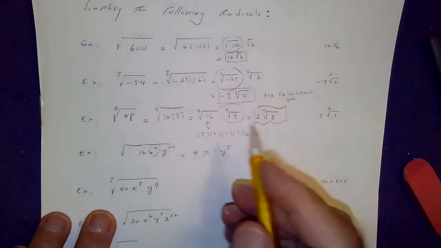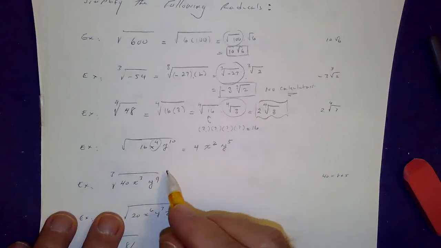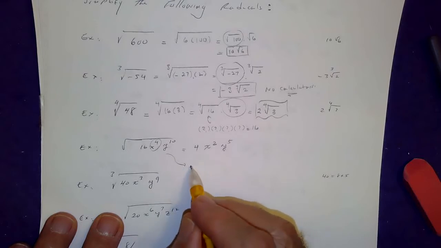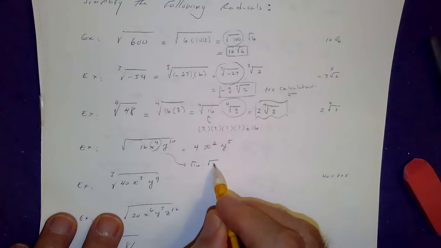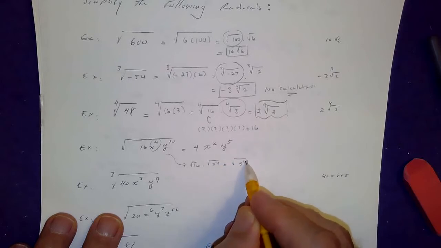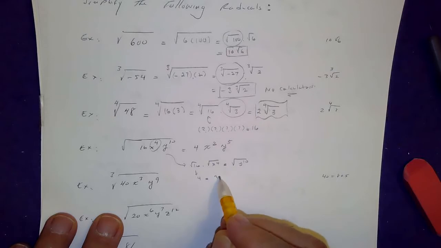How do you figure these out so quickly? Remember from previous sections, I can rewrite these as what? Square root of 16, square root of x to the 4, and the square root of y to the 10, correct? But I know the square root of 16 is 4, and I know I can change this to what?